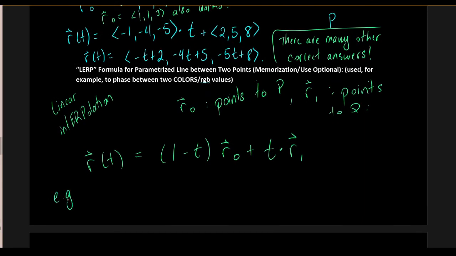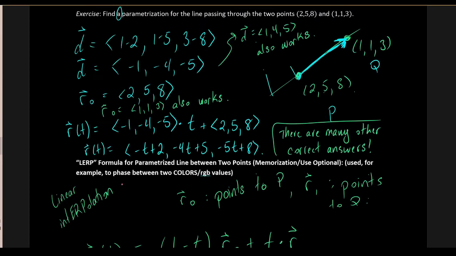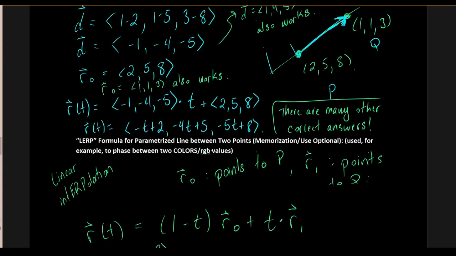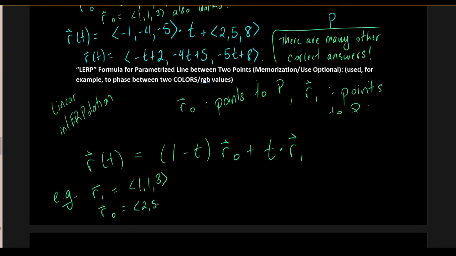For example, if we let R1 point to the point Q in the previous example, Q which was equal to 1, 1, 3, and if we let R0 point to the point P in the previous example, 2, 5, 8, then using this LERP formula for the parameterization of a line between these 2 points, we would have R of t equals 1 minus t times R0, which is 2, 5, 8, plus the scalar t scaling 1, 1, 3.